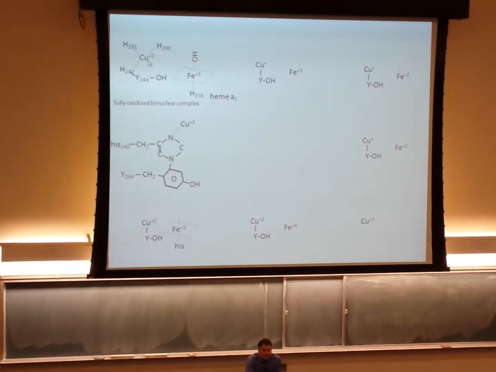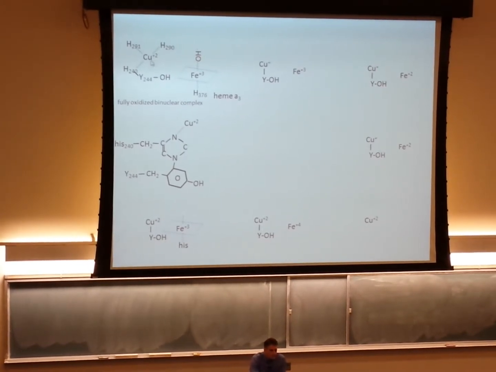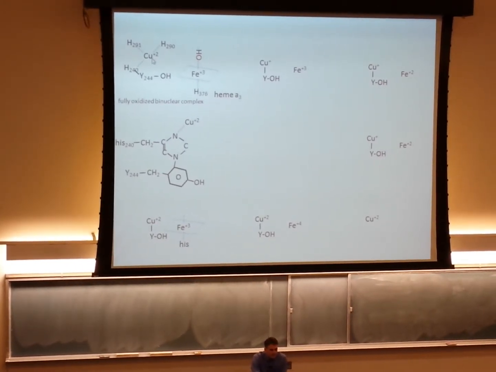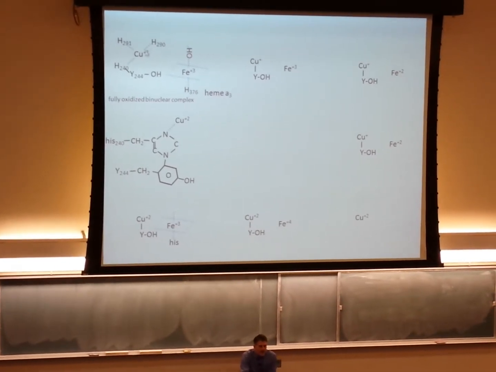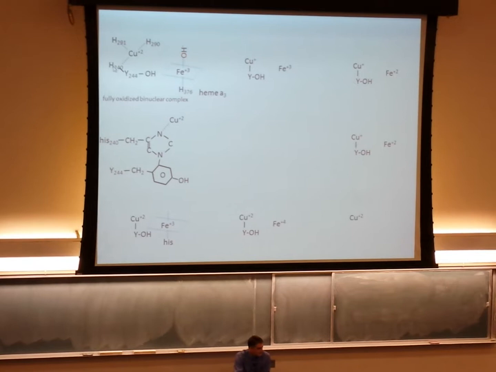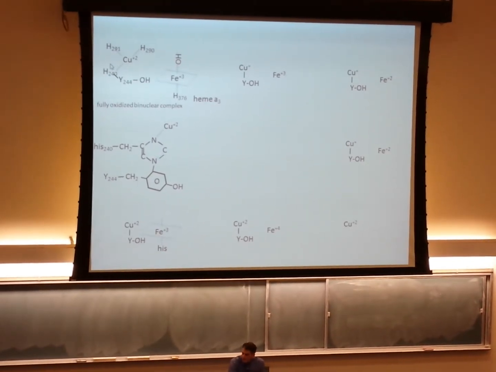This copper here begins in the +2 state. This is CuB. It's coordinated, that is bound by 3 histidines. These are part of the protein.